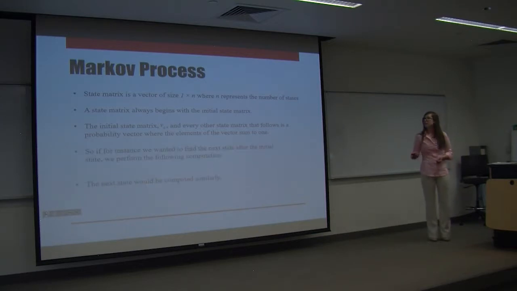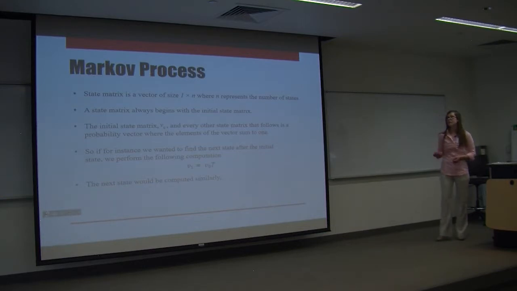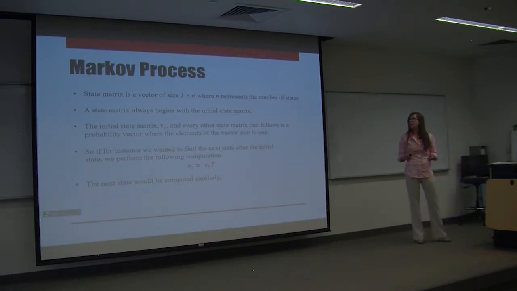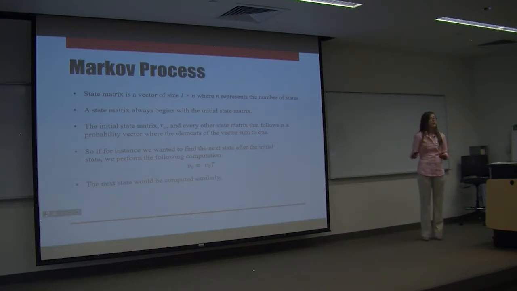So for instance, if we wanted to find the next state after the initial state, which is represented by V1, then we would perform the following computation where V1 equals the initial state V0 times the transition matrix T that explains the movement within the game board. So basically what V1 is representing here is where a player could possibly be in the game given that one turn has occurred.